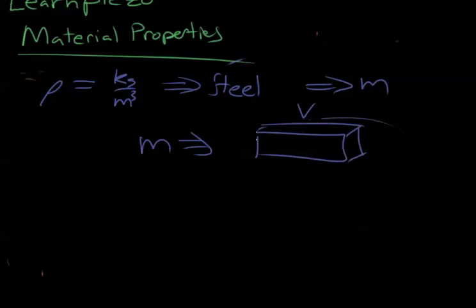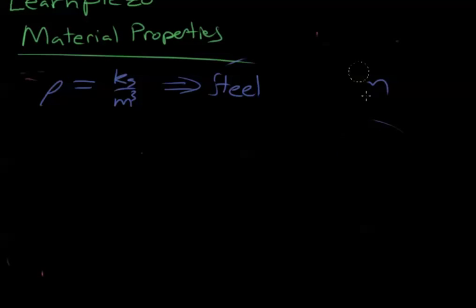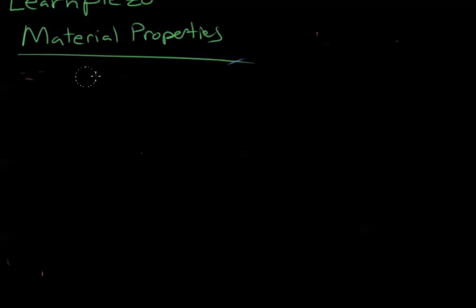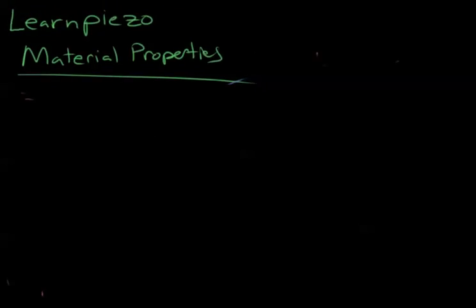It's not a material property. So this is an important thing to understand, the difference between a material property and a property of the sample of material you have in front of you. They're two different things, and we have to realize that. Just like force and stress and strain and displacement, these all have these different ideas to them. So next we'll talk about the Young's modulus.